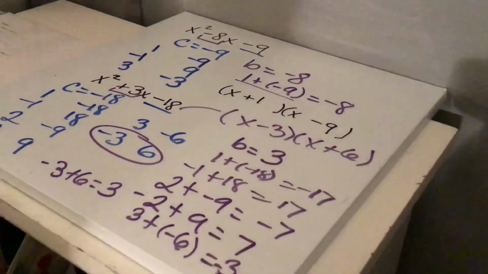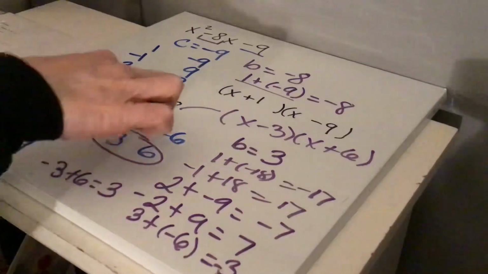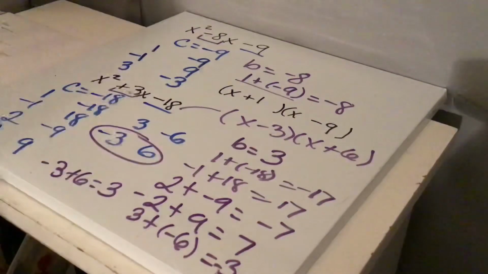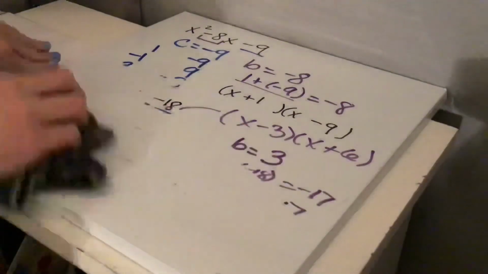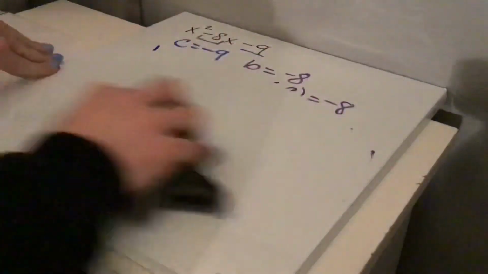So factors of the constants that add up to the value of b. Not every quadratic can be factored. What you're looking for to check is if the discriminant is a perfect square, then it can be factored.